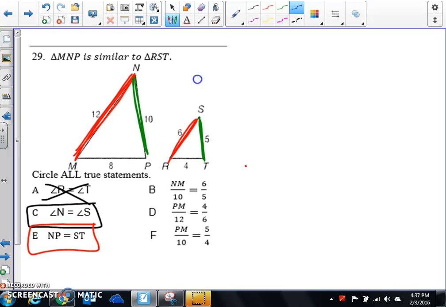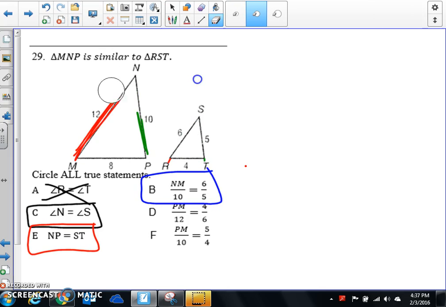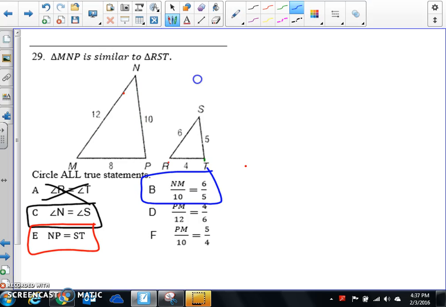That's good. Okay, let's start again. PM, so PM is with 12. And then they say 4 is with 6. That looks good.